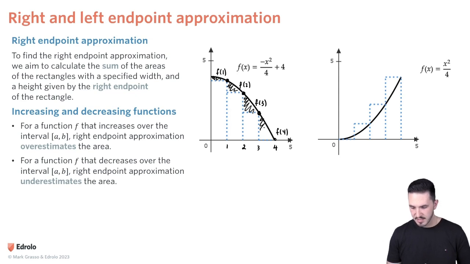So essentially it's underestimating when the function is decreasing. Let's take a look at f of x equals x squared on 4. Because this function is increasing, we'll notice that the right endpoint method actually overestimates the area. We've got these extra bits that go beyond the curve. So it's overestimating because we're counting these extra portions as well.